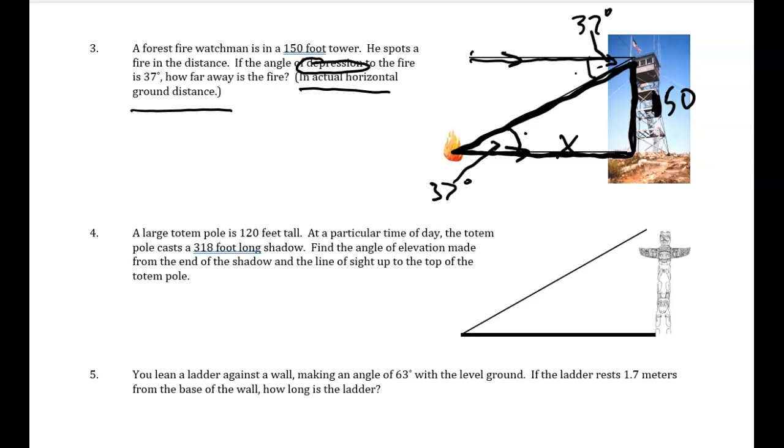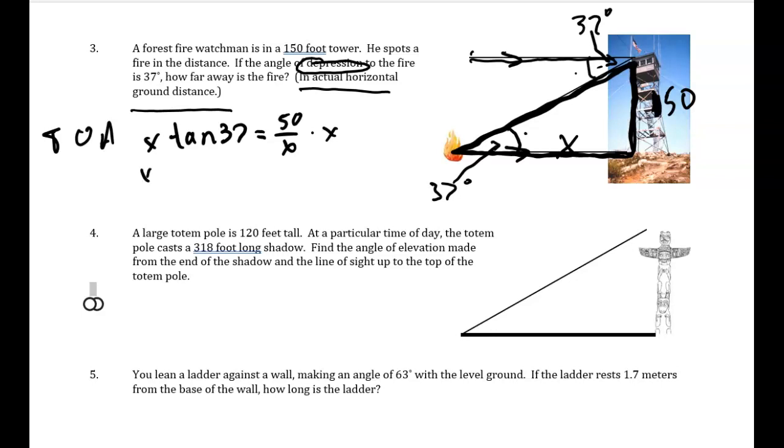If this is 37, the sides that we are given to work with are the opposite side of 150 and the adjacent side of x. So again, opposite over the adjacent is the tangent, the TOA part. Because it's a tangent, that's what we set up. The tangent of our 37 degree angle would be the opposite side of 150 over the adjacent side, which is the x.